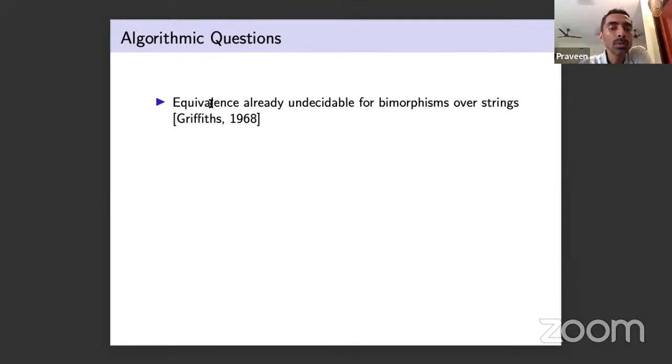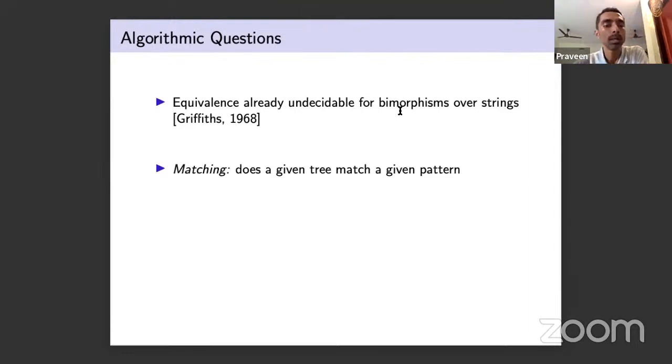It's known that equivalence is already undecidable for bimorphisms over strings itself, and it's not very difficult to extend this result to trees. And then we have this matching problem, which is, does a given tree match a given pattern?